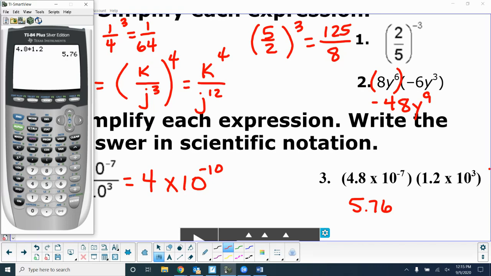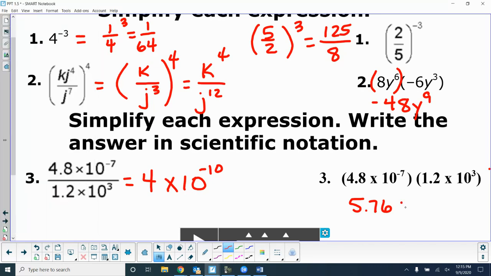And then I just do what with my exponents? Add them. So it's negative 7 plus 3 is negative 4. So there's the 3 answers for each one. Again, if you try, you'll get 2 out of the 3 points probably.